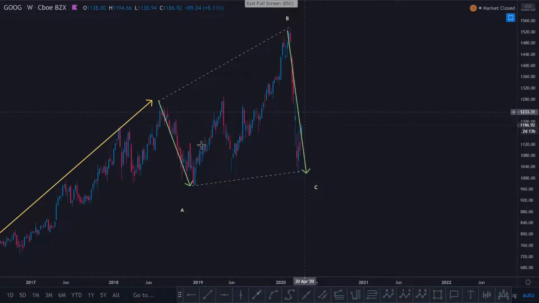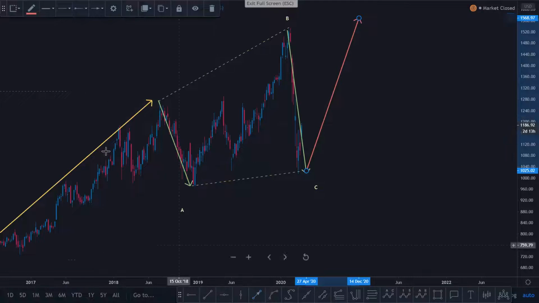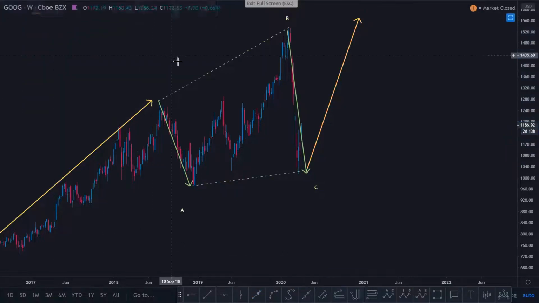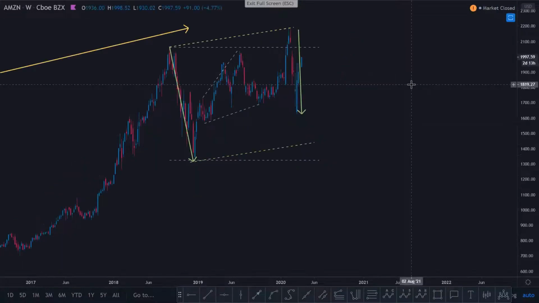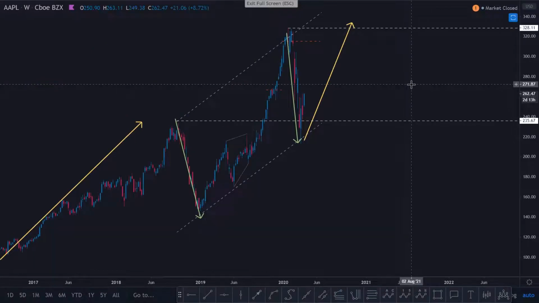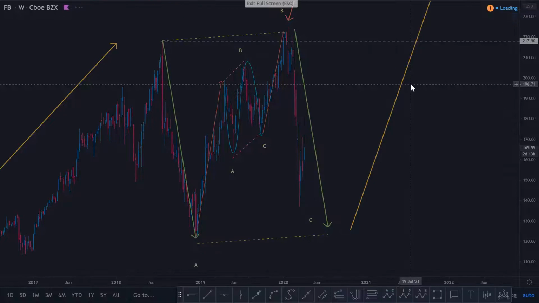Same with Google, big correction to the downside, corrective price action in the middle, big correction to the downside. Same thing, we're expecting Google moving forward to take off and have a nice strong impulse to the upside. So you see the same structure over and over again on the FANG stocks, which make up 21% or something along those lines of the S&P.